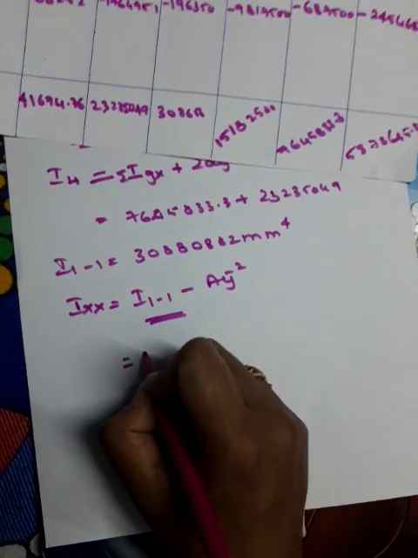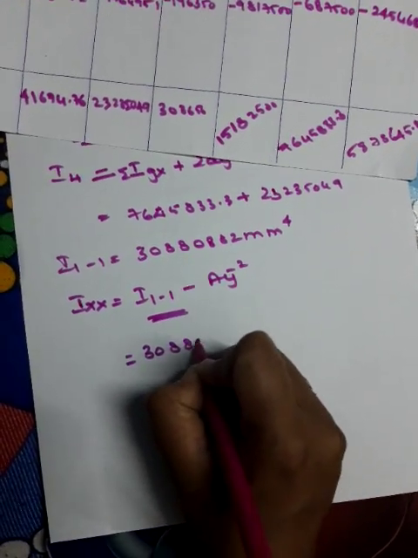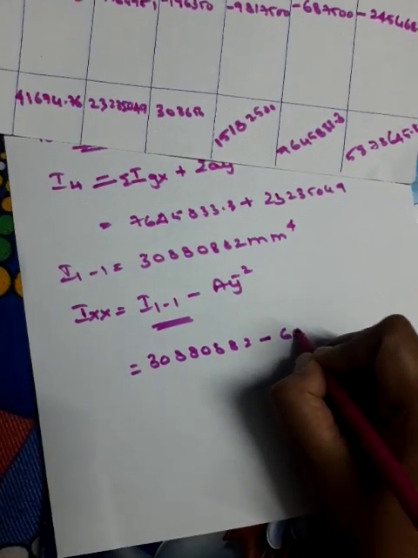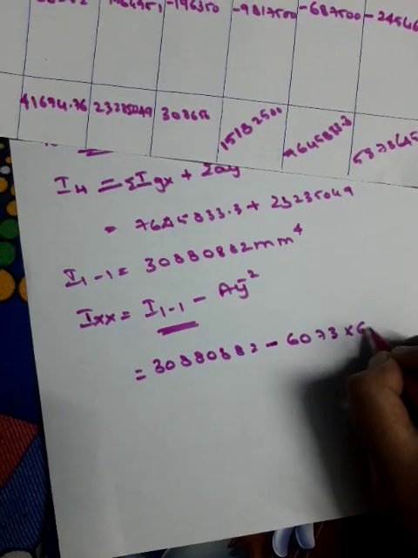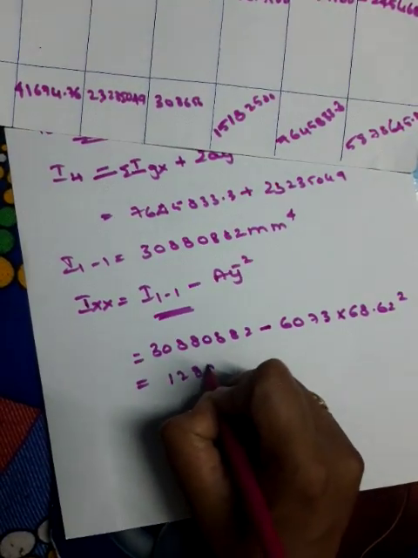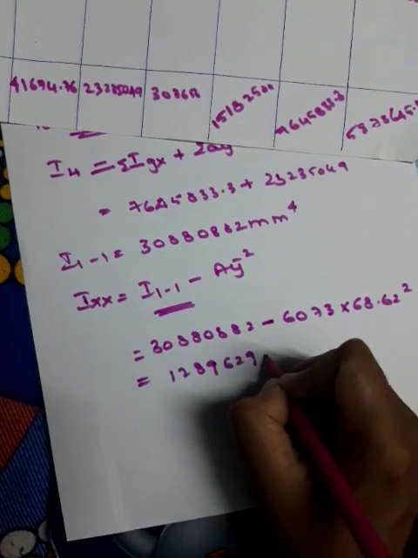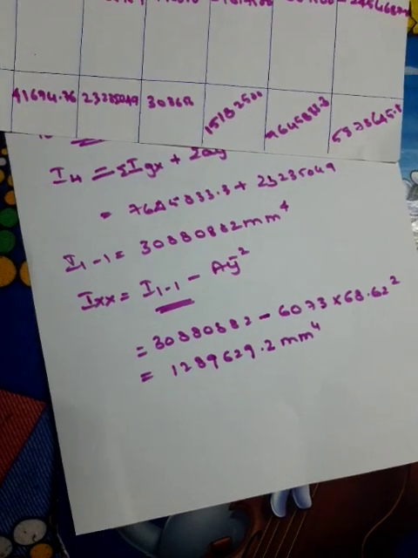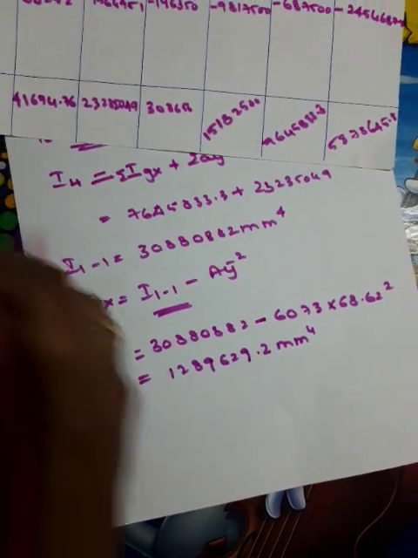Okay, so I11 value I have, minus area is 6073 and 68.62 square. So we'll be getting 1289629.2. So this is how we are going to calculate the value of Ixx.